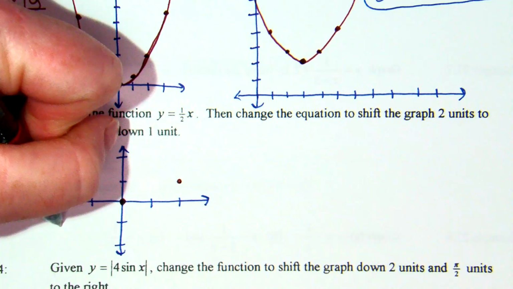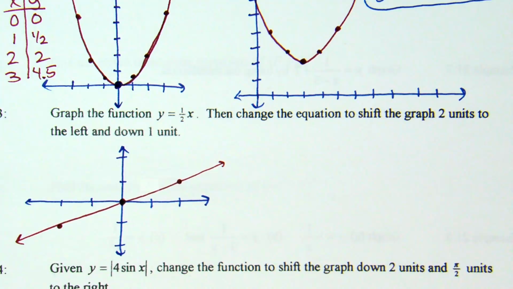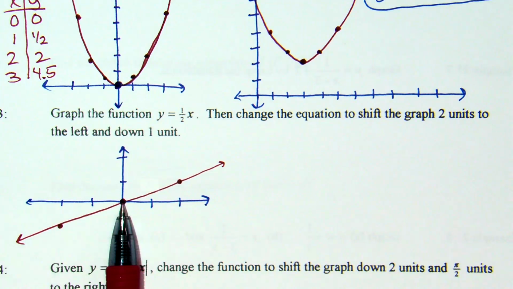What happens here? If I take this center point and I go 2 units left and down 1 unit, I land on the line that's already there, don't I? Yeah. Okay. So does that translation do anything for this one?